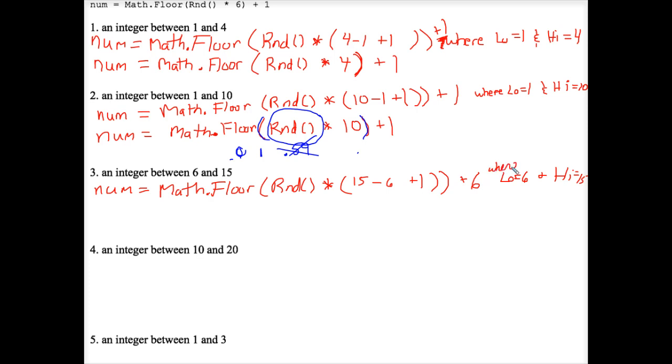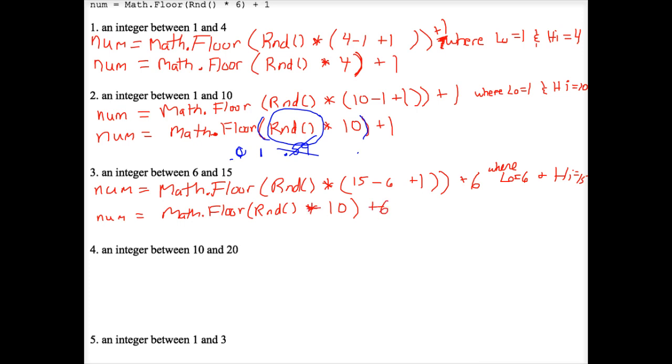That's the first step of exercise 3. Simplifying it, I type num equals math.floor RND, and 15 minus 6 plus 1 simplifies to 10. And then I still have a plus 6 outside of the parentheses.